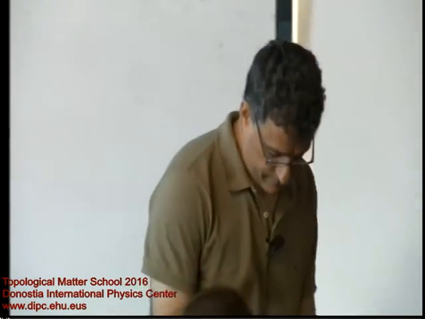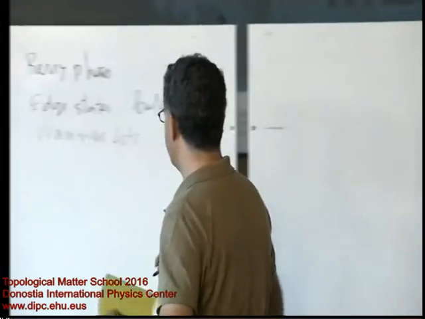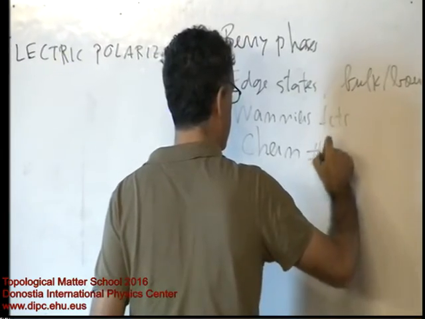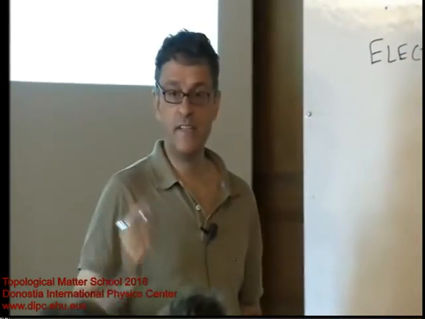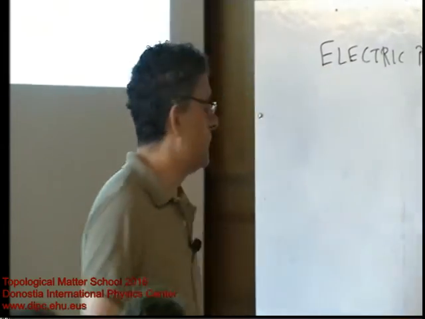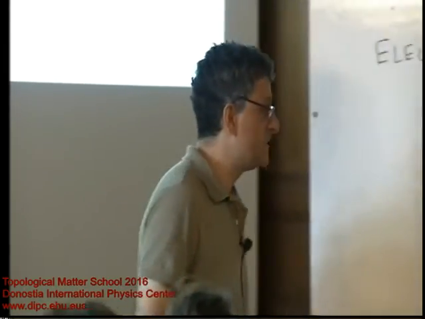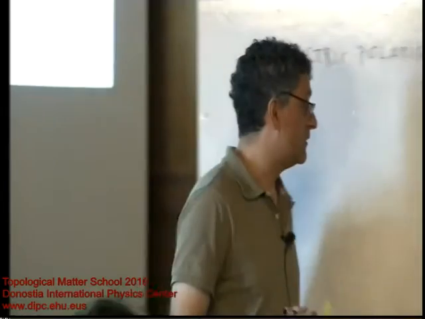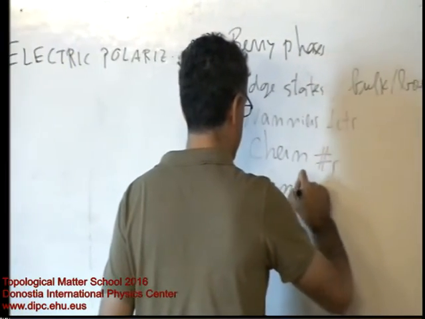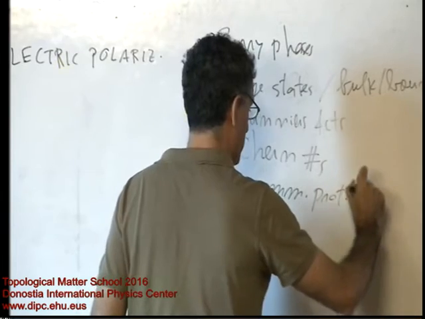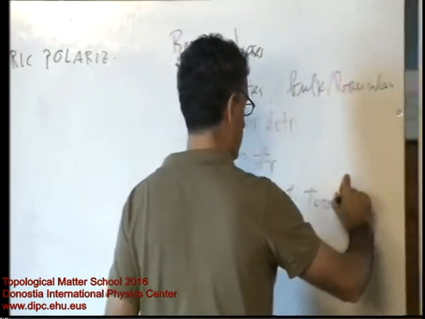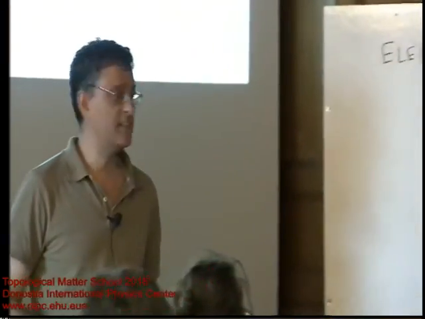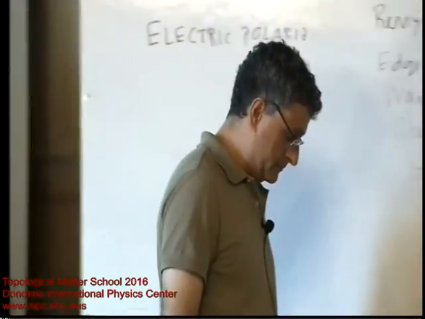And then I think I'll have time to arrive at some other concepts like Chern numbers. And also, as we heard yesterday in the afternoon lecture, a one-dimensional problem like the one I'll discuss is the simplest example that gives rise to a topological classification of phases, so symmetry protected topological phases.